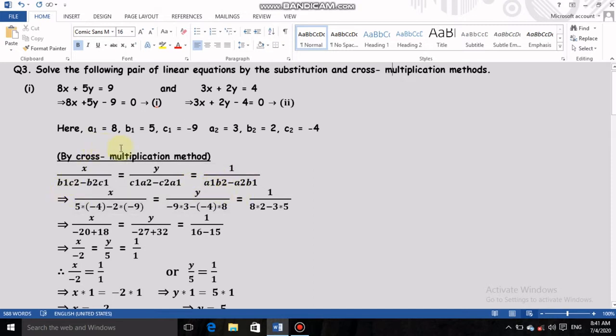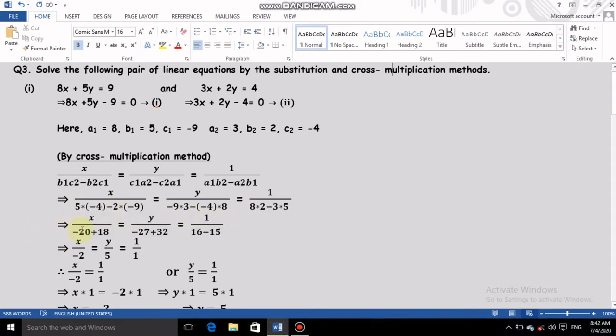Put the values of a1, b1, c1, a2, b2, c2. x by 5 into minus 4 minus 2 into minus 9 is equal to y by minus 9 into 3 minus minus 4 into 8 is equal to 1 by 8 into 2 minus 3 into 5.